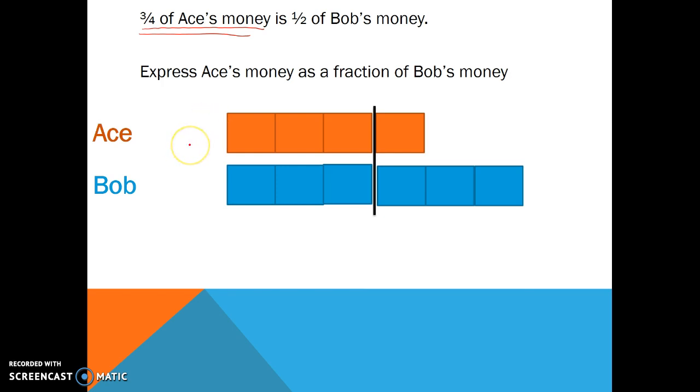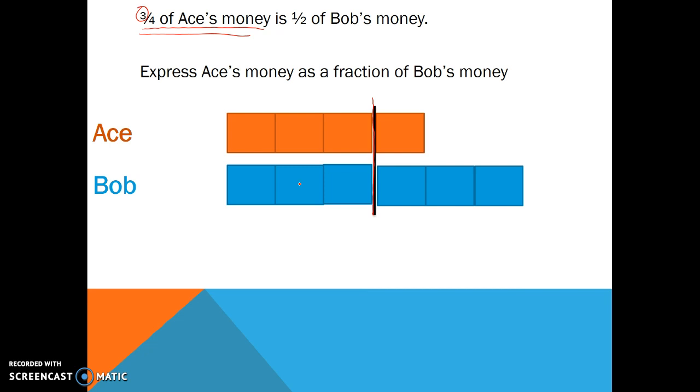So I would draw my bar model just like you see in front of you, where Ace has 4 units, and then I'm going to draw a line between 3 and 4 because it says that 3/4, or 3 of the 4 units, is something else. That something else is half of Bob's money. So we know that Bob has 2 times those 3 units. So I can draw Bob with 6 units right off the bat.